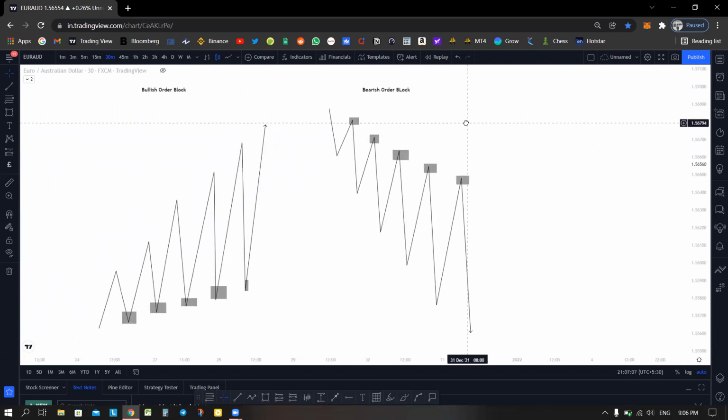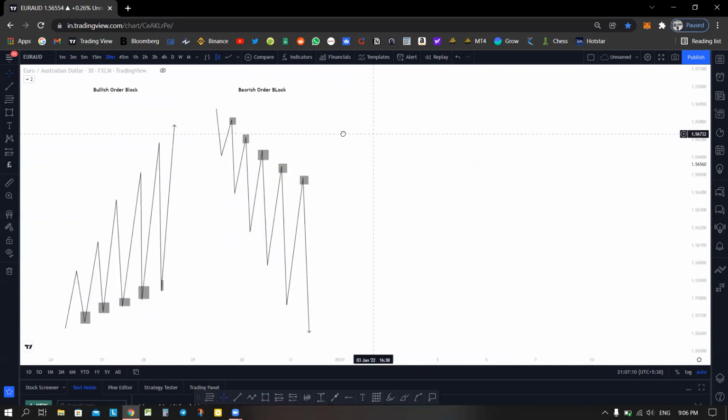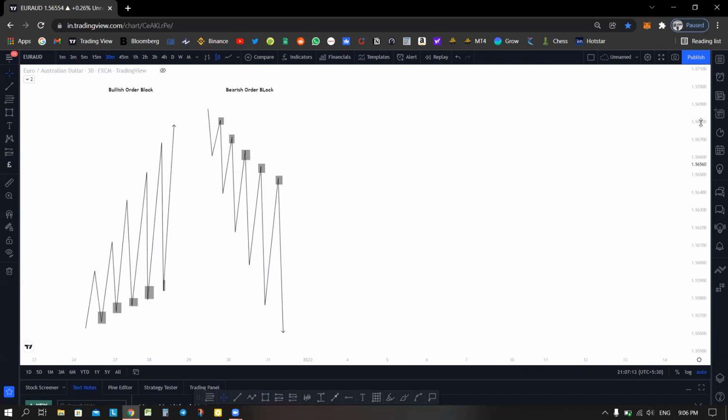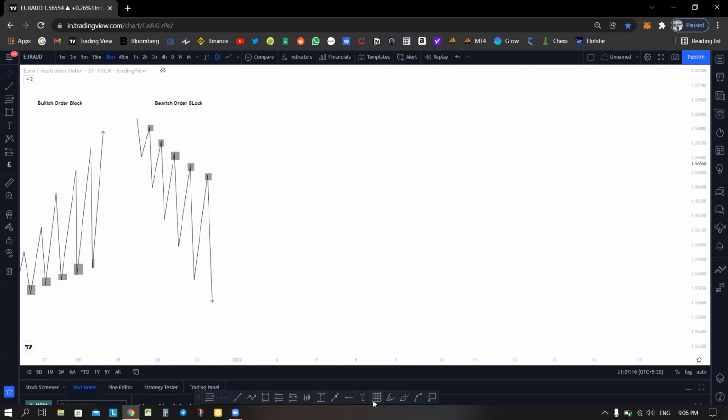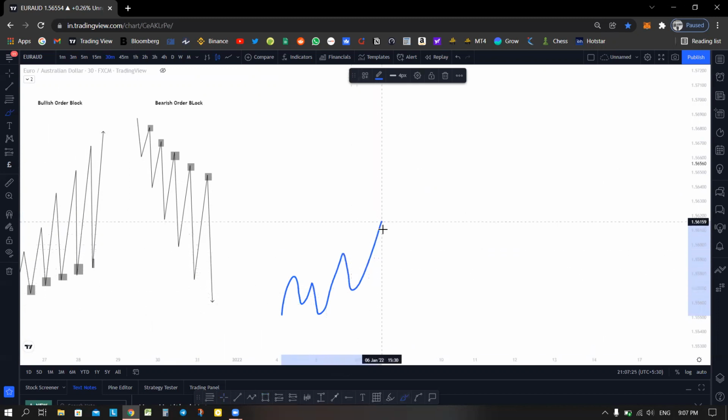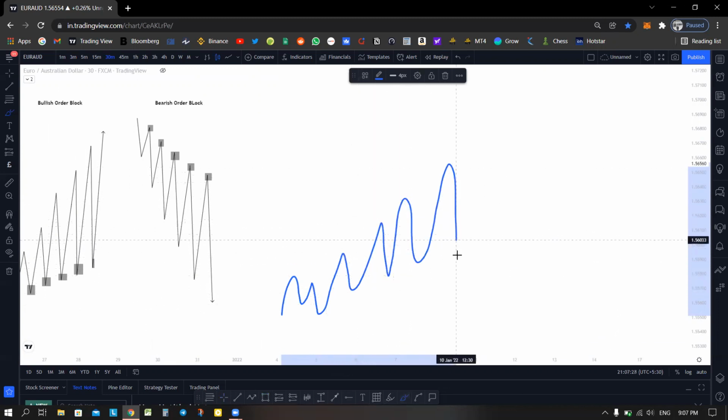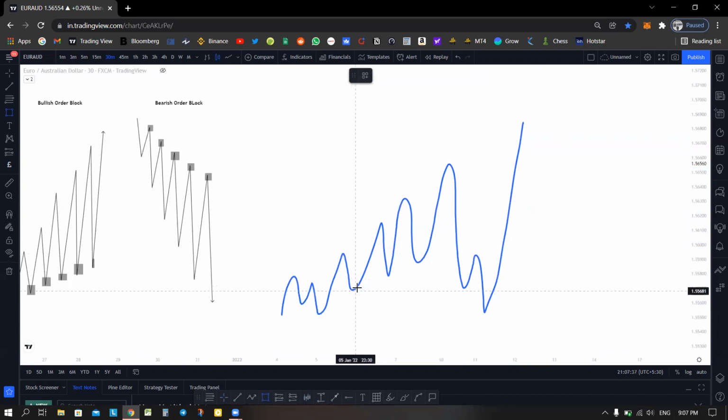So how do you identify a good bullish or bearish order block? Let me explain that as well. If price is making higher highs and higher lows, people, retail traders, will choose this as an order block, but that's not how to identify a good order block.